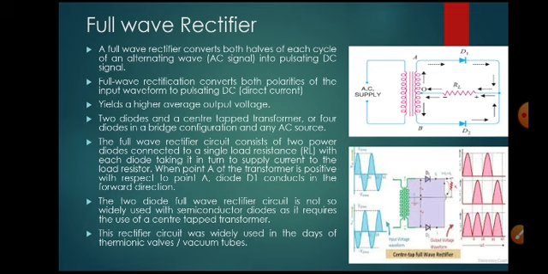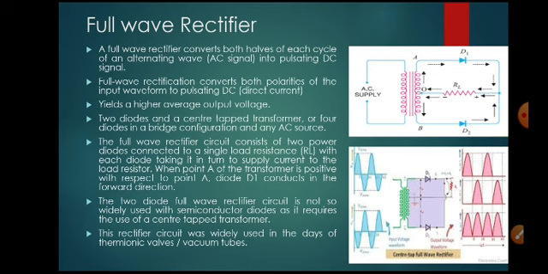The two diode full wave rectifier circuit is not so widely used with semiconductors, as it requires a center tap transformer. The center tap transformer is where we connect the load resistance, in between the center of the transformer.